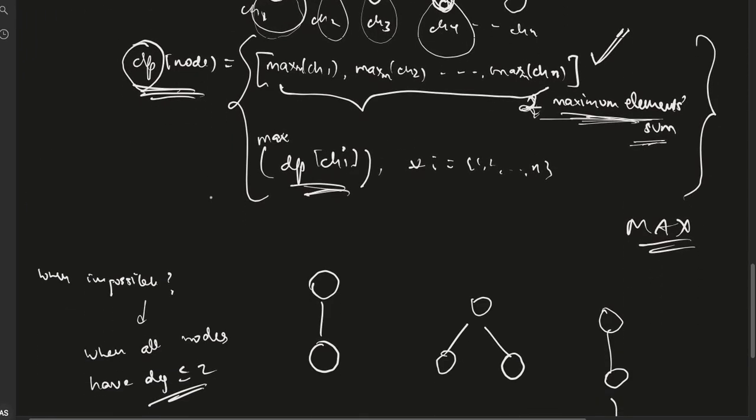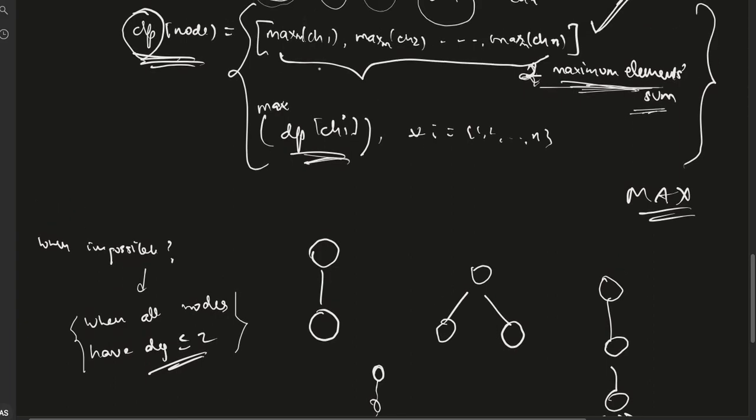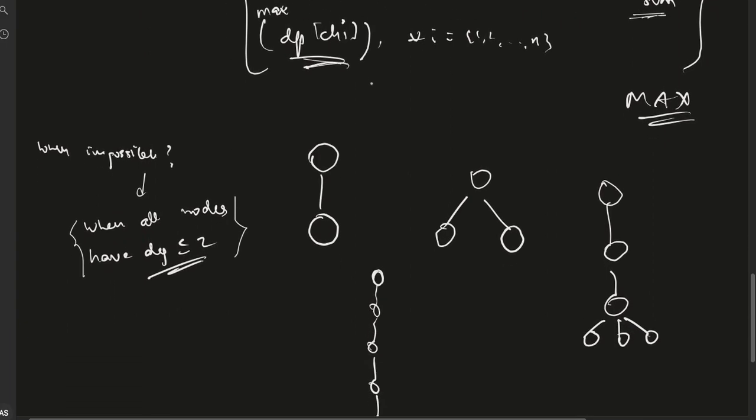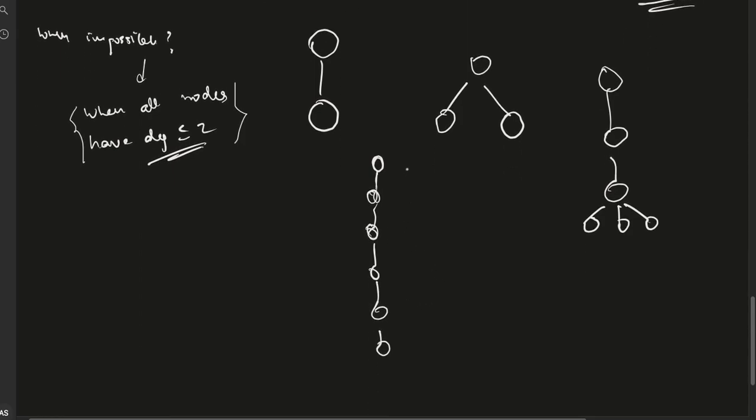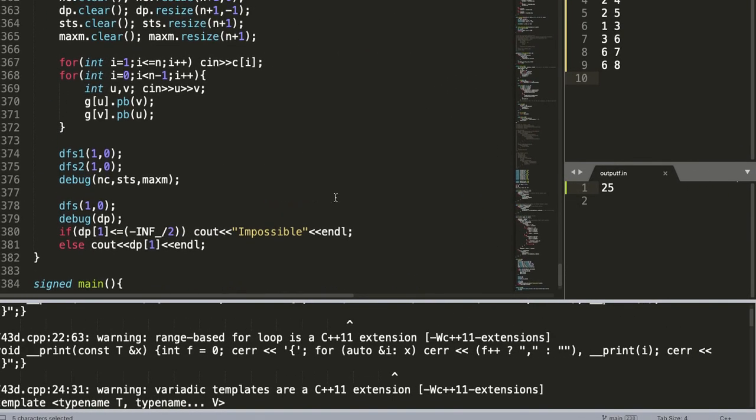The impossible case is when all the nodes have degree less than or equal to 2, which is basically a linear tree. In this case the condition is never satisfied, and all the DP of children values have been initialized to minus infinity, so this would also give us minus infinity. So the impossible case has been taken care of.